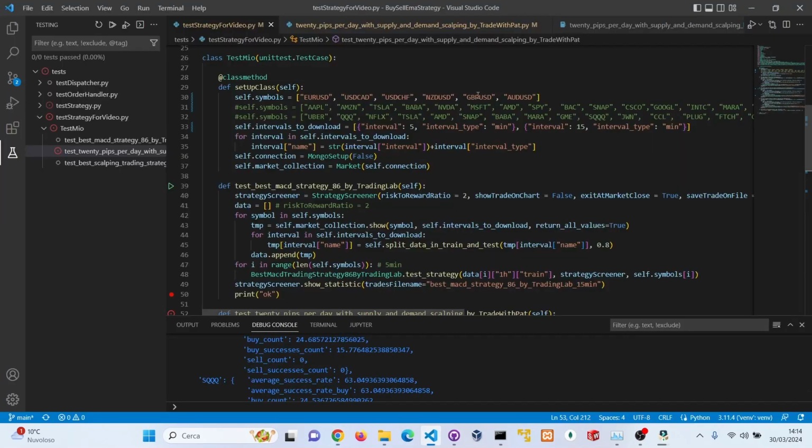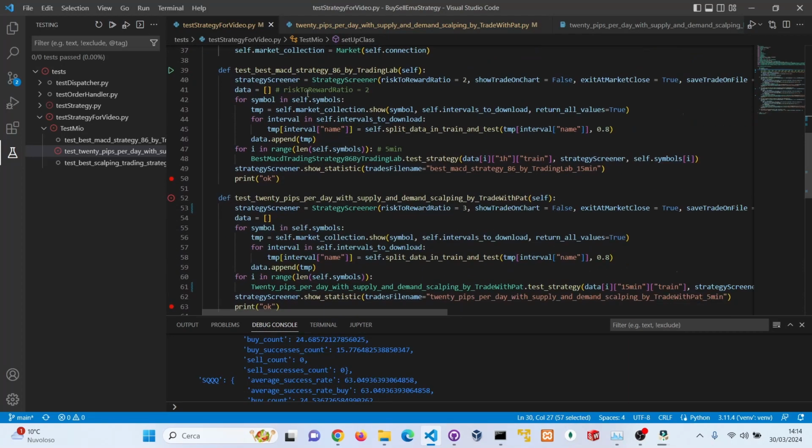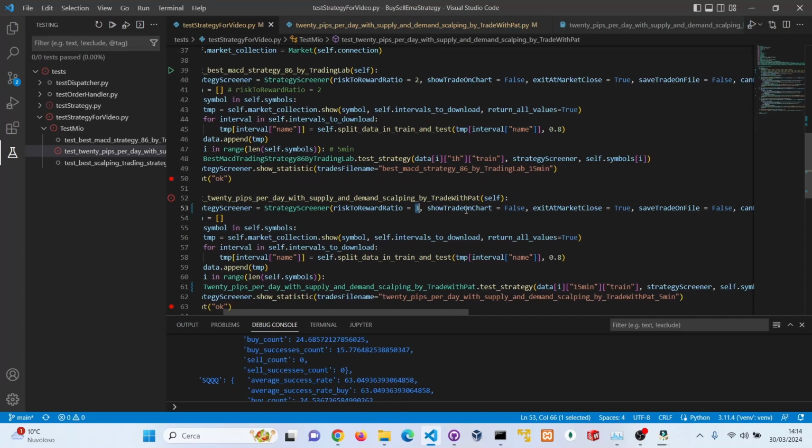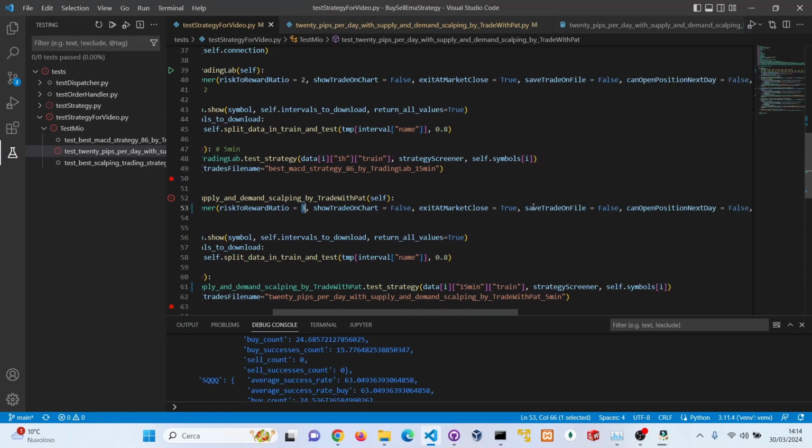First of all, the strategy with basic conditions will be tested on this forex pair on the 15 minute time frame. The risk to reward ratio I set to 3, because he says that it's the best, or shows some trades with 3, but doesn't give us a specific risk to reward ratio.